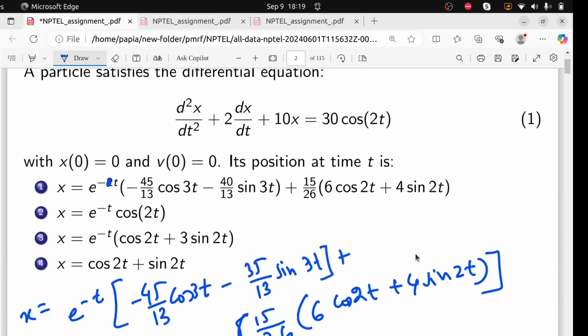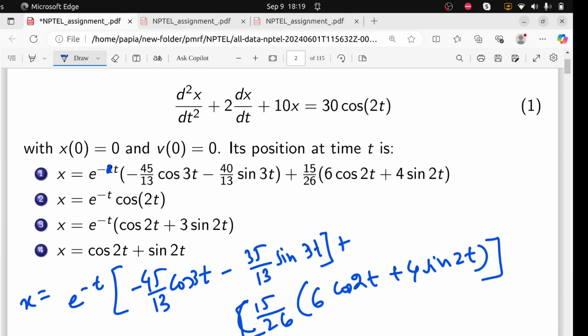Let me match here, minus 35 by 13. Okay, then 15 by 26, 6 cos 2t, this one. So this one is the correct one. You can see all other expressions are wrong, so obviously this one is the correct one.